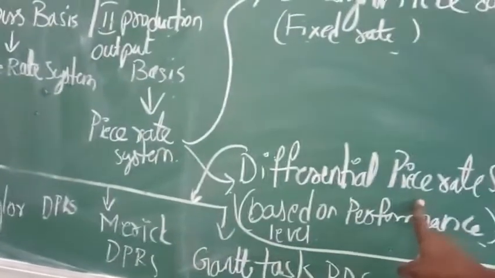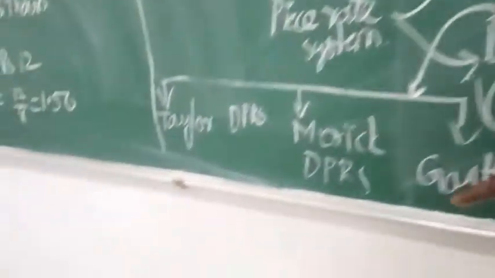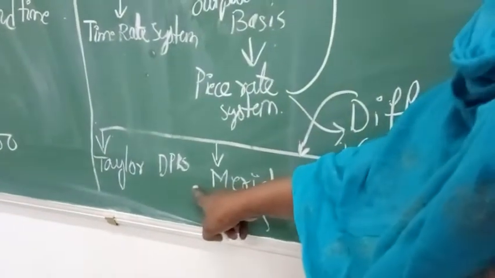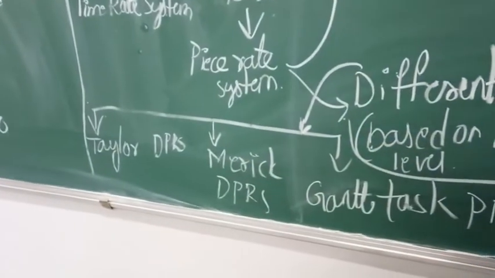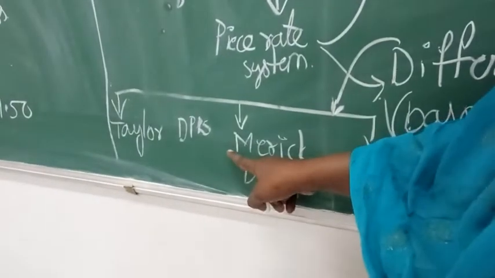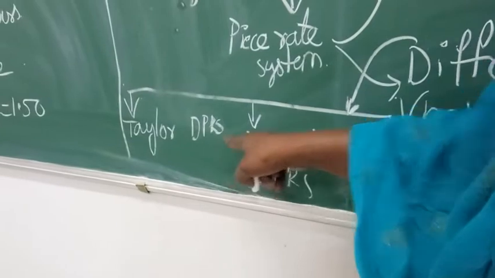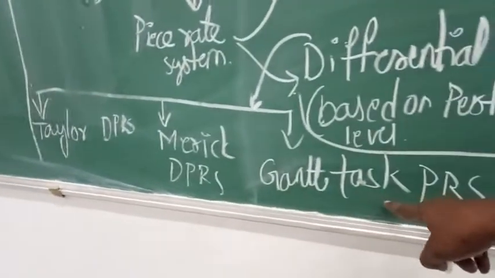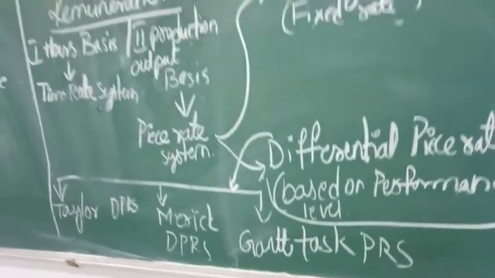This differential piece rate system is of three types. The first is the Taylor differential piece rate system. Next is the Merrick differential piece rate system. The third is the Gantt piece rate system.